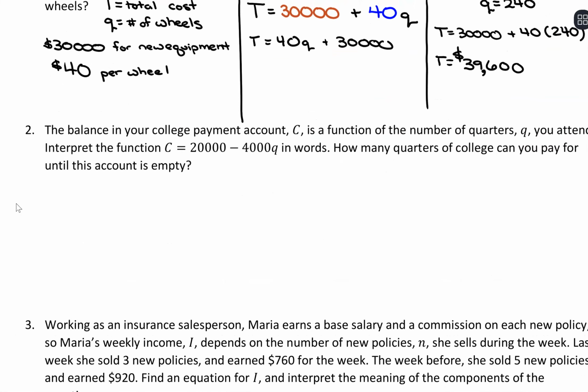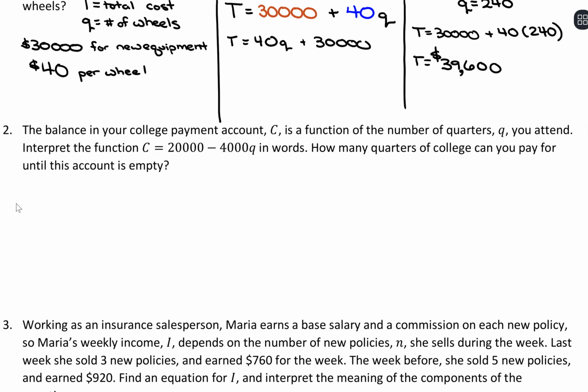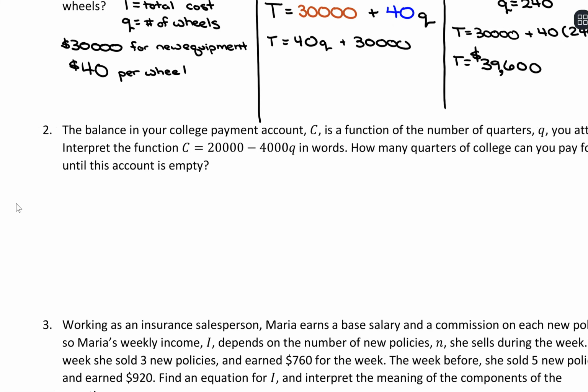So we have the balance in your college payment account, C, is a function of the number of quarters you attend. Interpret the function 20,000 minus 4,000Q in words. So C equals 20,000 minus 4,000Q. So the slope is always going to be multiplying our input variable.